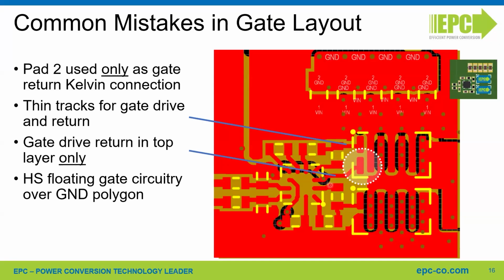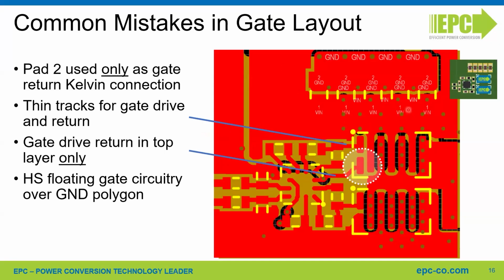In those cases, the additional external gate to drain capacitance due to this poor layout can lead to parasitic oscillation and destruction of the FETs. It's turning the circuit into a Hartley oscillator.